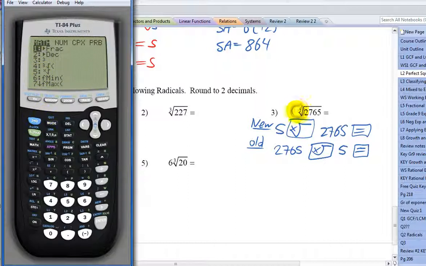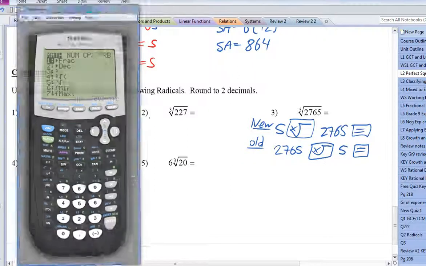You have to make sure you press 5 first because that means 5 is where the x is. And then you hit the 5 again to bring up that sign. And then you can put the inside in. When you're all done, yes. You might need some help, okay? Let me get the answers first, and then I'll take all calculators.